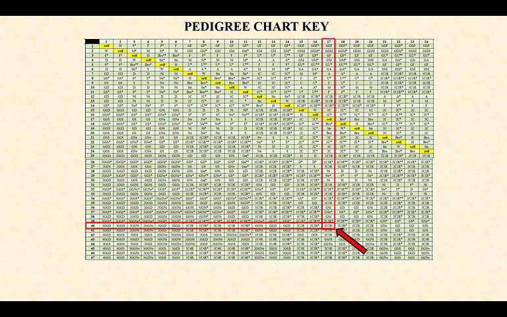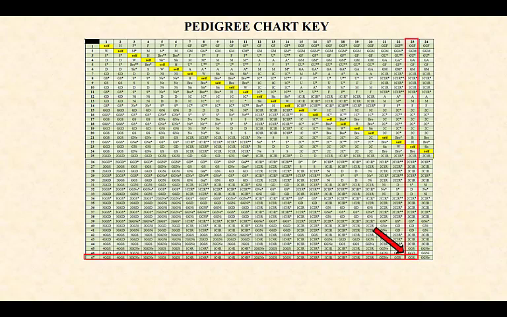Number 40 would be the second cousin twice removed of individual 17. 13 would be the niece of individual 3. Here we have 47 would be the great-grandson of individual 23. So there is the pedigree chart key for the first 24 individuals.